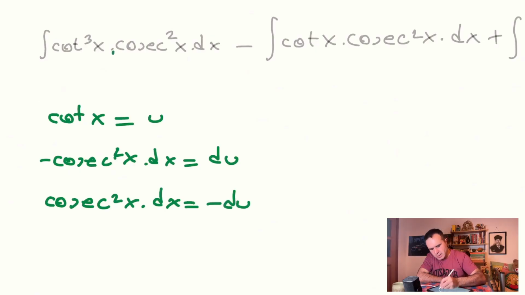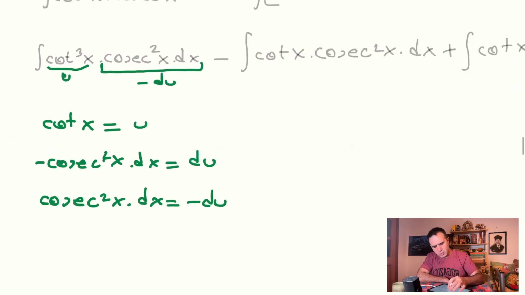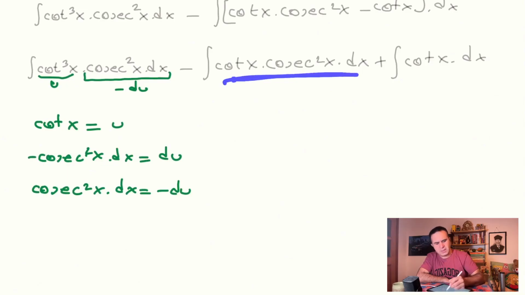Then let's come to the integral. This is minus du, and cotangent x is u. For the other integral we use the same substitution, again minus du for this and u for this.